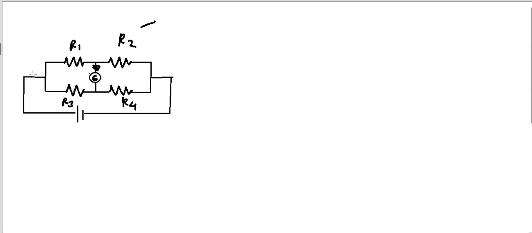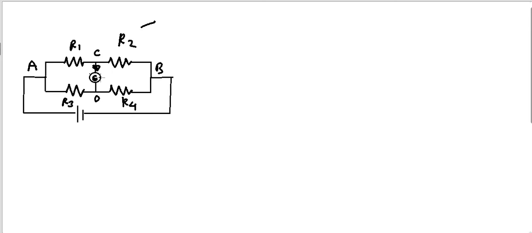Let me denote this point as A, this point as B, this is C, this is D. So if I have four resistors arranged like this, and everything is closed, and there is no current flowing through this galvanometer, then this type of setup is known as a Wheatstone bridge.